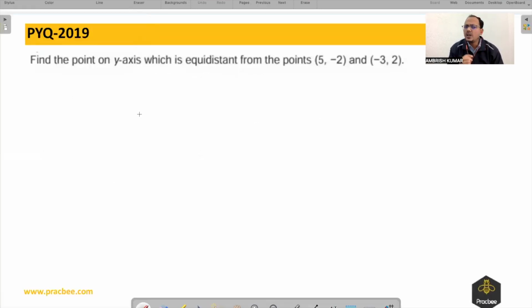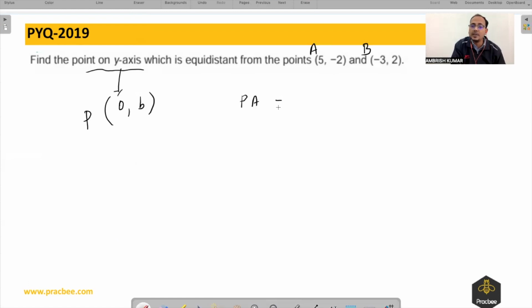Now find the point on the y-axis. Look, whenever we have to take a point on the y-axis, it's going to be 0 and then some value for the y-coordinate. So this is the point on the y-axis, and let us say this is the point P, and it is equidistant from A and B. So as per the question, PA equals PB. If PA equals PB, their squares are also going to be equal.